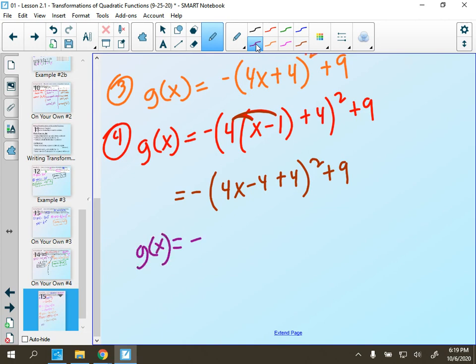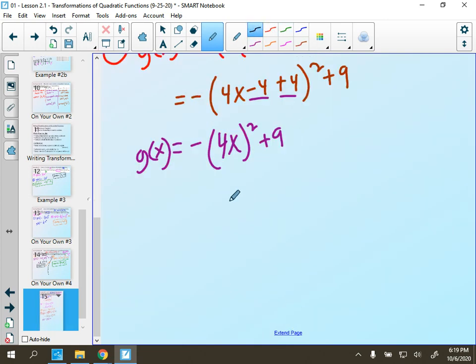Not that it's undoable, but I think it takes us a little beyond our capabilities. So actually, hold on, holy cow. I'm doing negative 4 plus 4, it's gone. I've got this here, plus 9. It actually ends up being one where I can see why I said to identify the vertex. We can finish this and simplify it one more step.